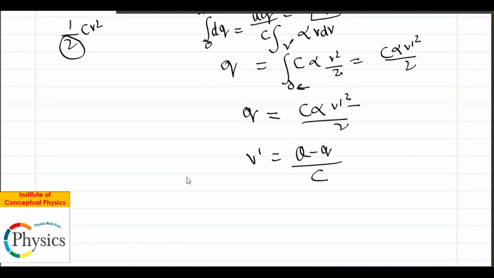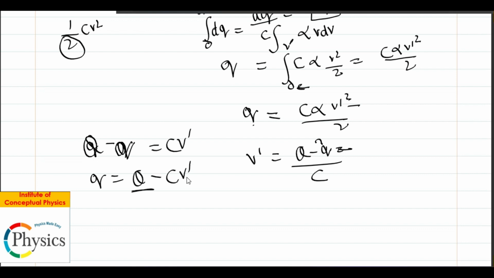So I will substitute the value of Q in this particular expression. C is known to me and I just need to substitute for Q. So my Q is coming out to be CV dash, and my Q is equal to Q minus CV dash. Q is given.